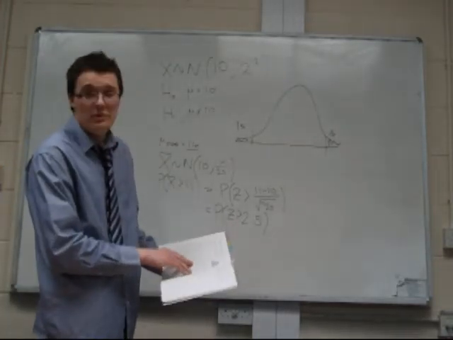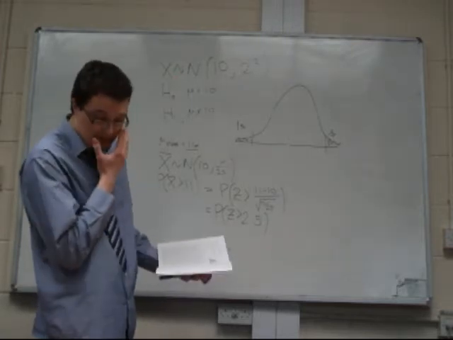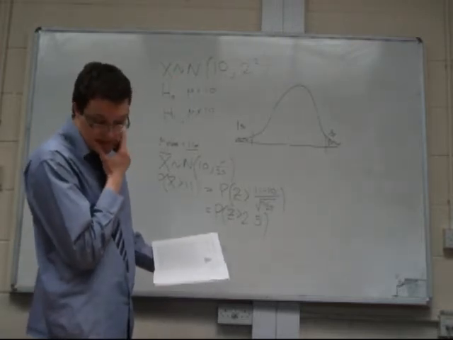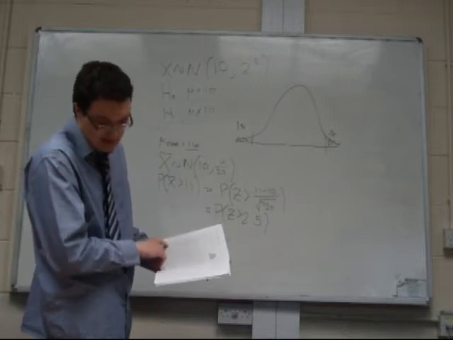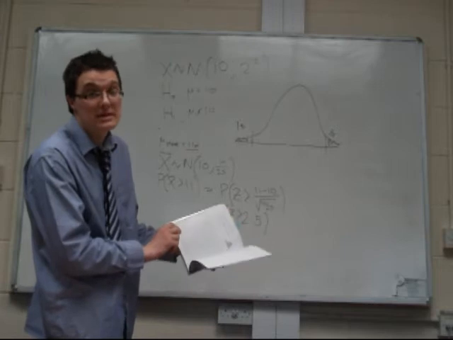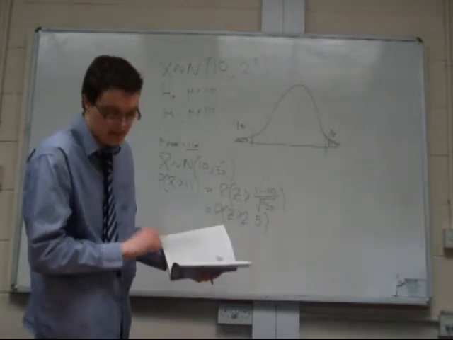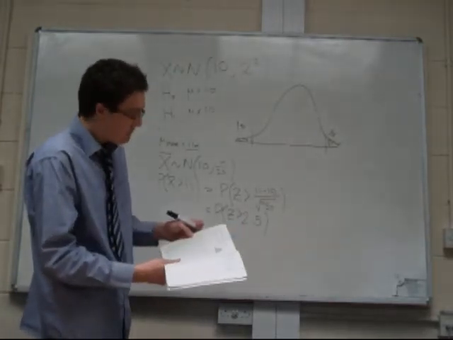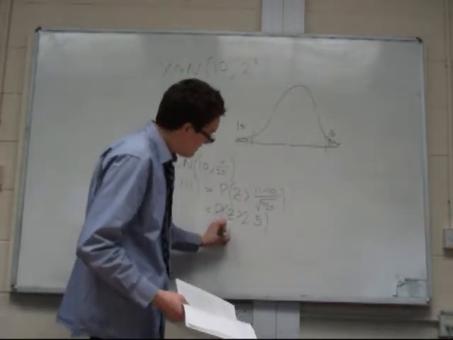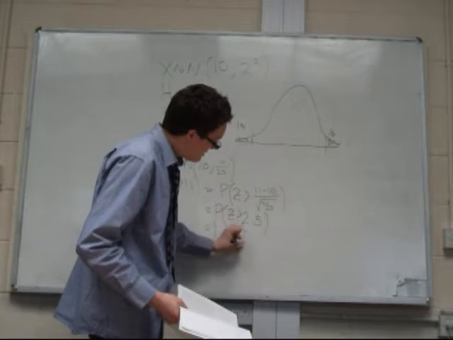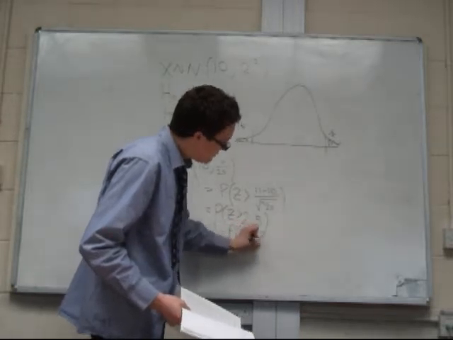We can look at the normal distribution page, and if we look down this page to find the probability that Z is less than 2.5, remember these are cumulative, so you can only look up the less than probabilities. So what we'll have to first do is change that to 1 minus the probability that Z is less than 2.5.